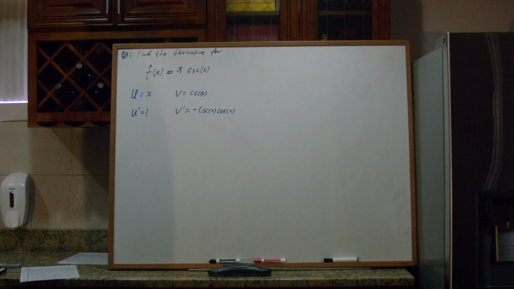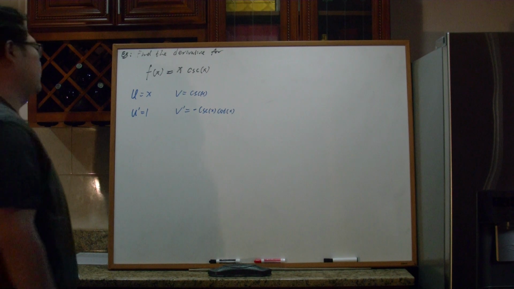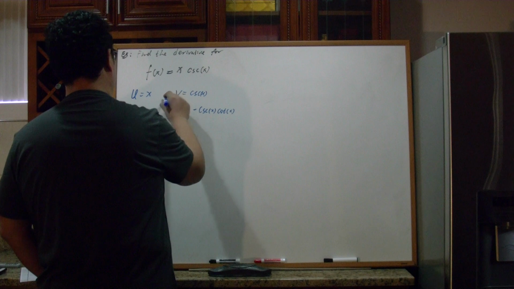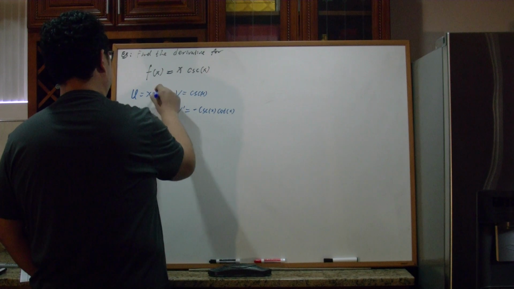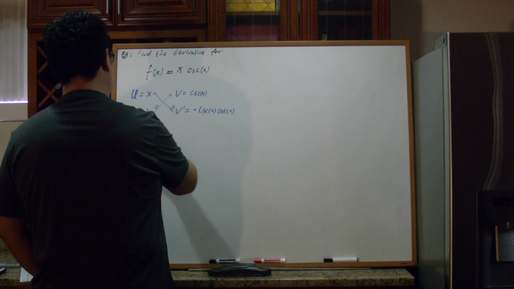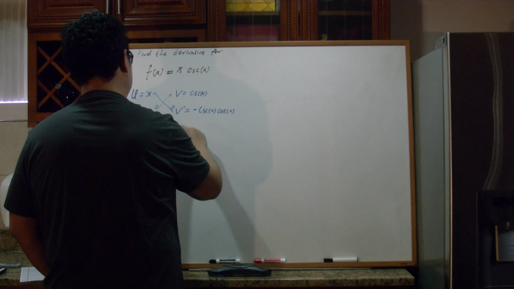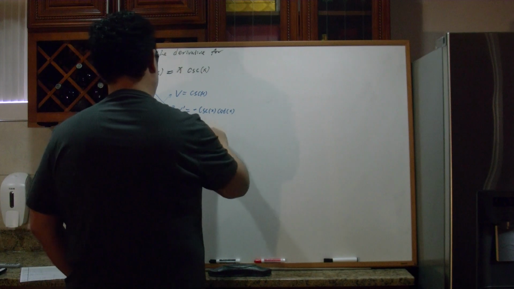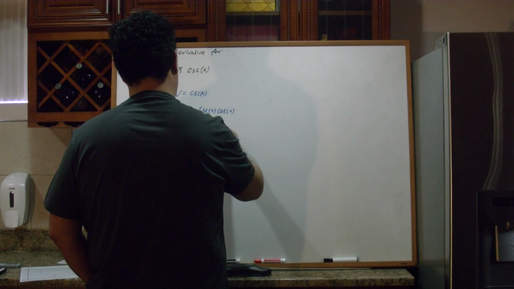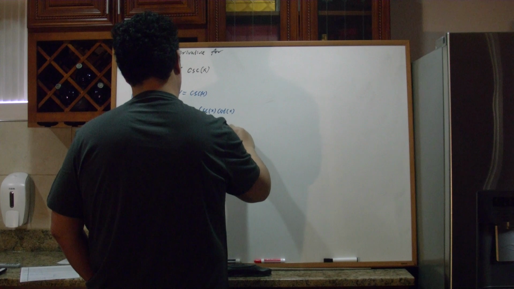Well, when you try to develop your formula by yourself, you may be able to remember more clearly what it's supposed to be. Then our first part, our second part, f prime of x will be u prime times v plus v prime, negative cosecant x cotangent x.